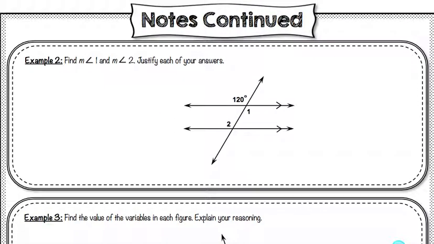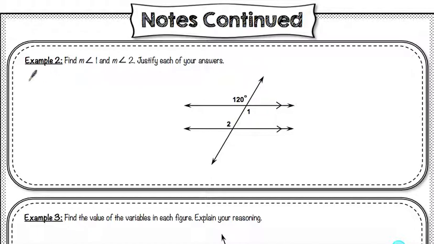So let's go on to example 2. Example 2 says find the measure of angle 1, find the measure of angle 2, and then justify each of your answers. Okay, so I see some vertical angles and I see some corresponding angles.